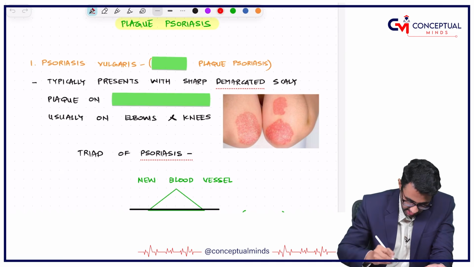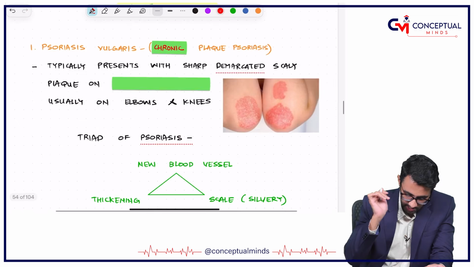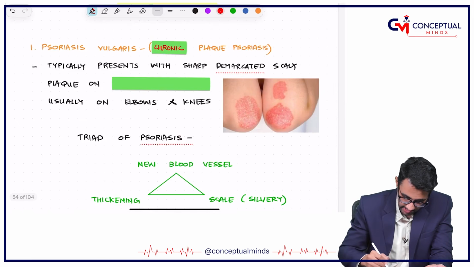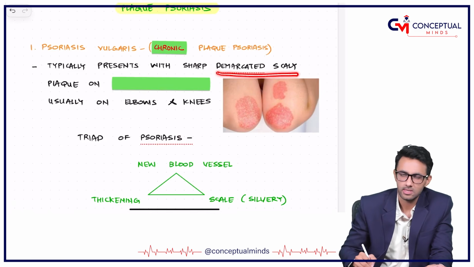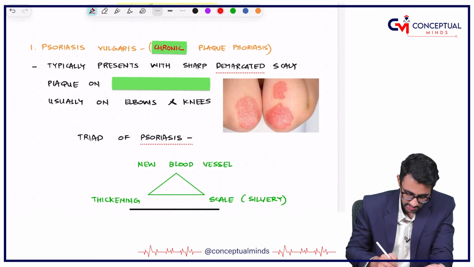Okay, fine. So first thing, you know that psoriasis vulgaris is also known as chronic plaque psoriasis. Typically it presents with sharply demarcated scaly lesions. Scaly lesions on what? This is also a point we discussed. Is the answer going to be extensor or flexor?